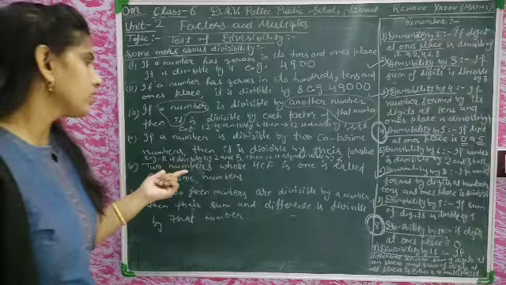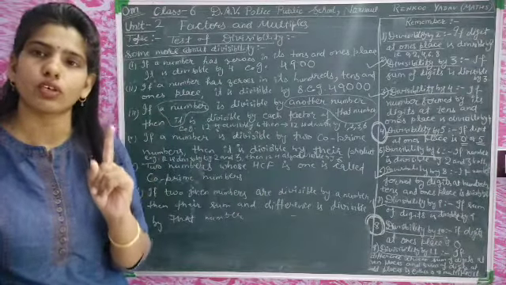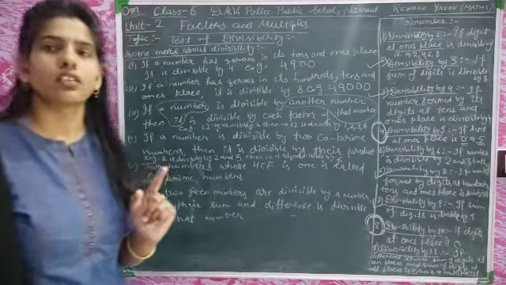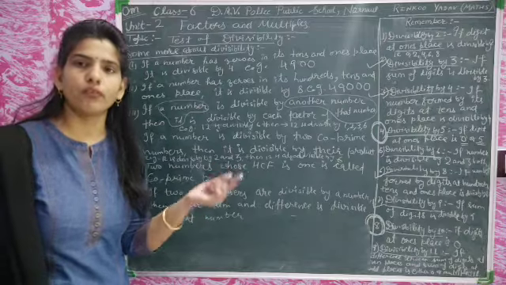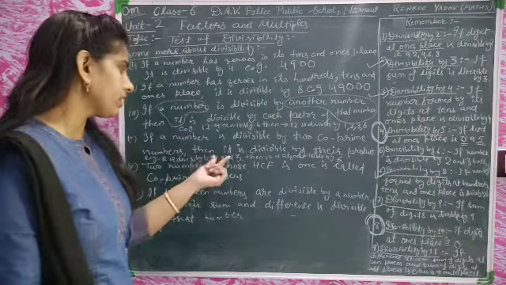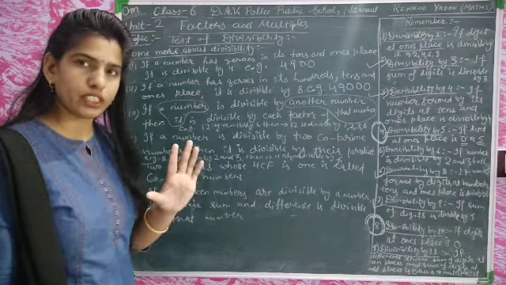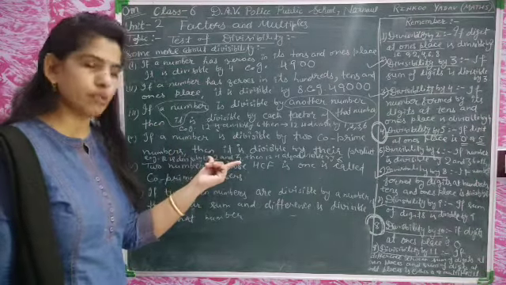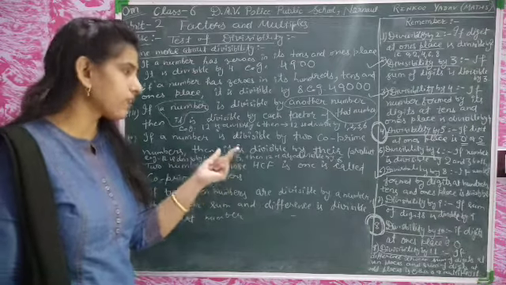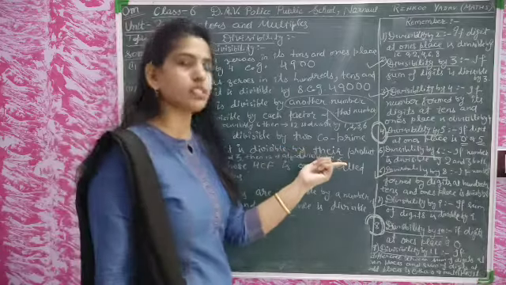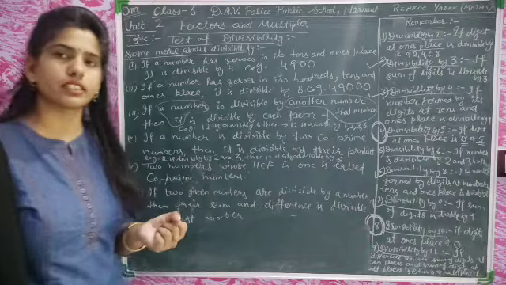Co-prime numbers are numbers whose HCF is 1, whose only common factor is 1. Those numbers are called co-prime numbers. The common factor between 2 and 3 is 1, with no common factor other than 1. So these are co-prime numbers. And if any number is divisible by these co-prime numbers, then it is also divisible by their product. 2 into 3, that is 6, here.